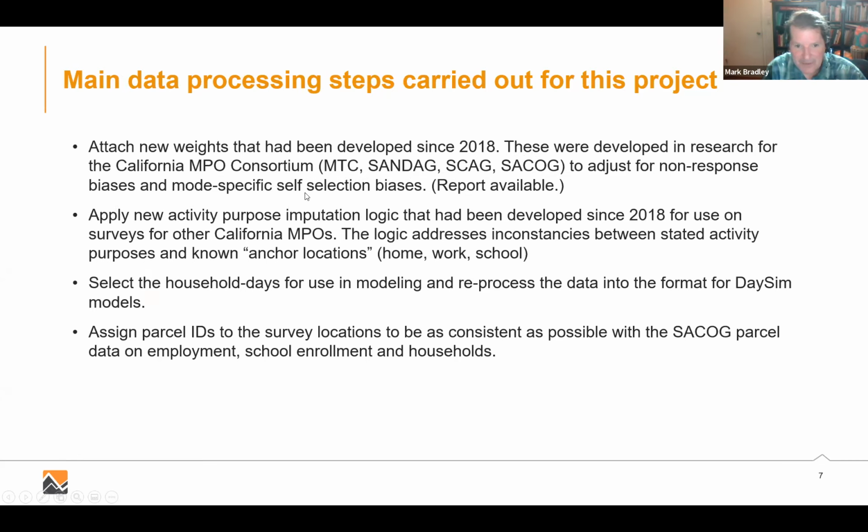We find that people who use transit and bike especially are more likely to respond to travel surveys than the average person. I think it's because their travel is more affected by travel policy in the MPO and in the county and the cities.